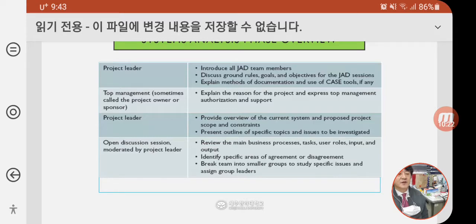The project leader provides an overview of current systems and proposes the project scope and constraints. He presents an outline of specific topics and issues to be investigated. The project leader presents a recap of the JAD session and prepares a report that will be sent to JAD team members.